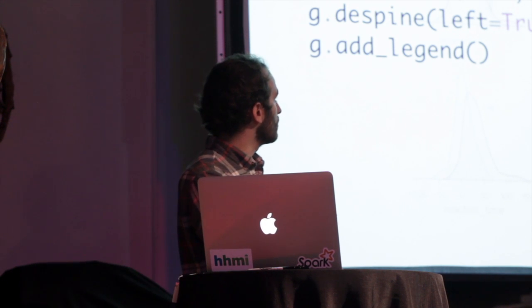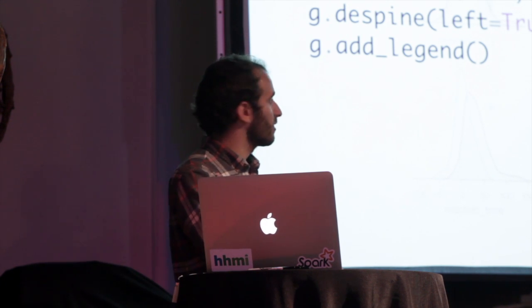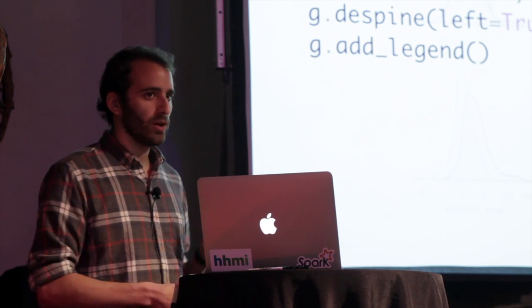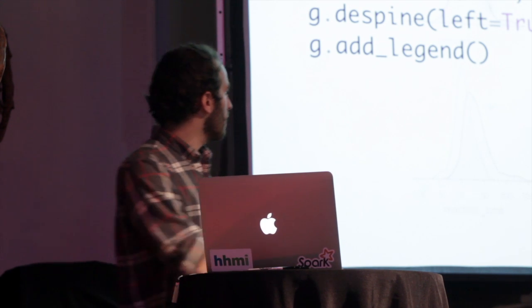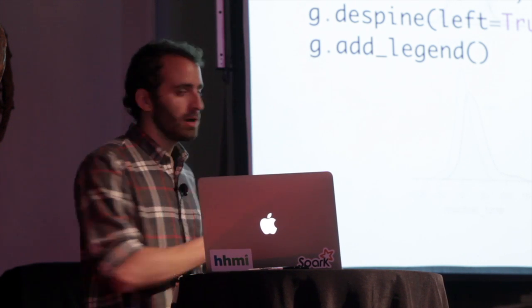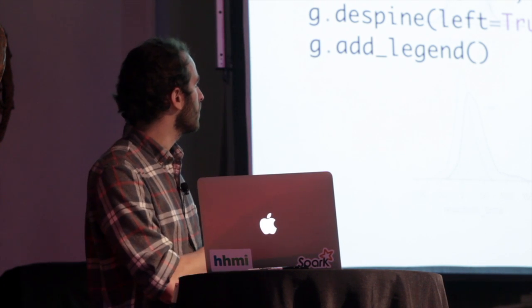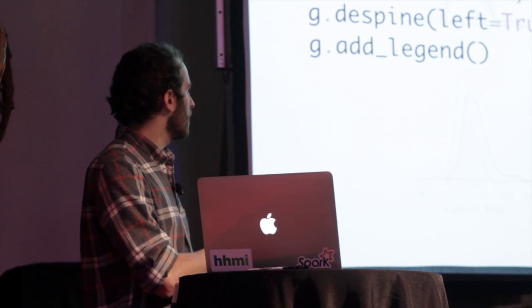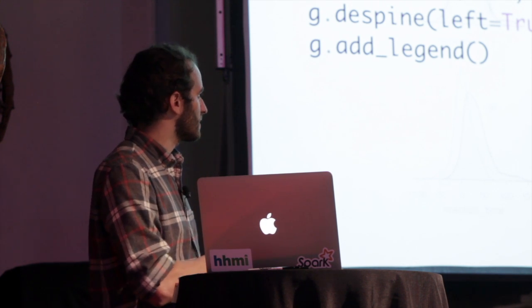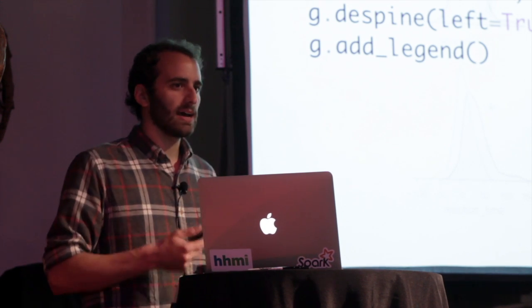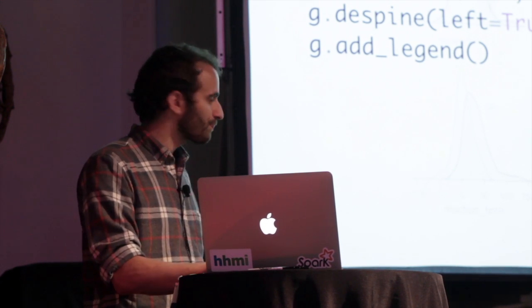You instantiate a FacetGrid object with the data frame that comes into it, tell it how to organize itself in terms of what variables you want to condition on. And then you map various plotting functions across it. You can pass in matplotlib functions directly. It knows what to do with them. Seaborn functions, this kdeplot function. And then in various ways, deal with the aesthetics and tweak the plot if you don't like exactly what the defaults give you.